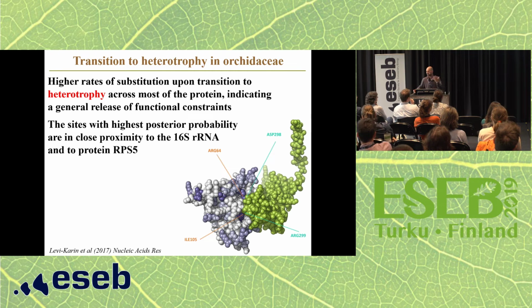This is expected because the transition to parasitism increased the substitution rate of the whole protein. But what was interesting is that the positions that are probably connected to protein-protein interactions with other proteins seem to have the highest shift in the substitution rate compared to the rest of the protein.